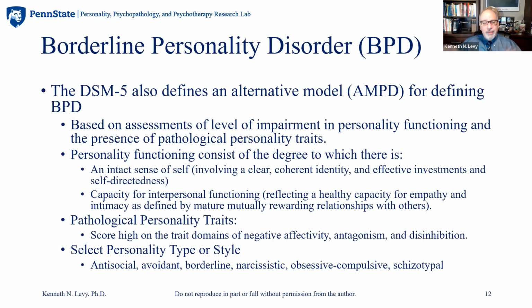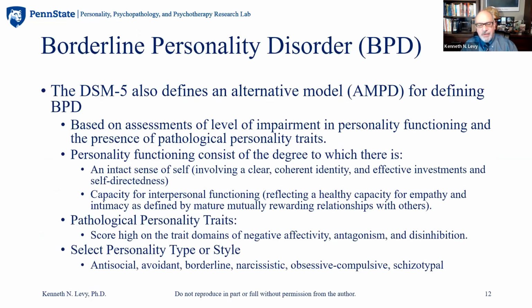The other way of thinking about borderline personality disorder in the DSM is this alternative model, which is called the alternative model for personality disorders, or AMPD. This is based on assessments of what's called the level of impairment in personality functioning and the presence of pathological personality traits.